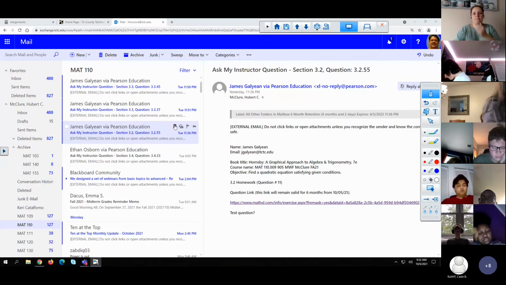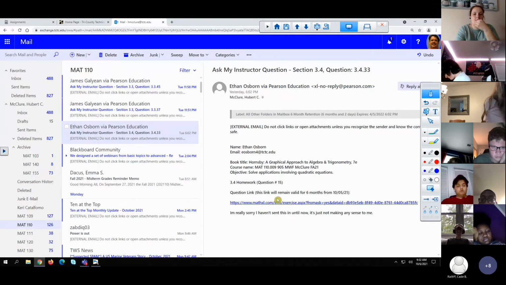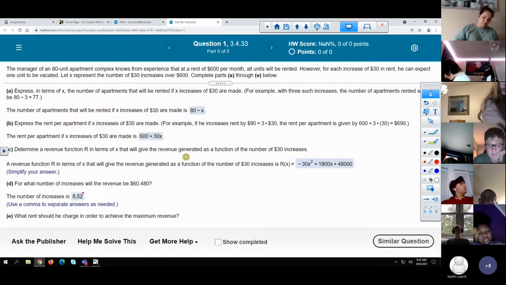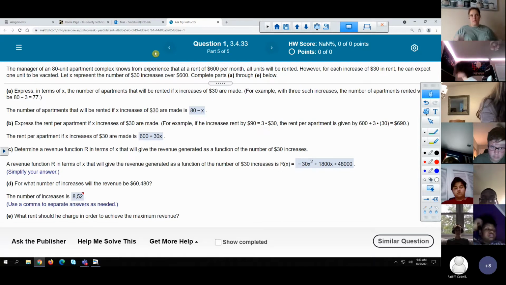Takes care of that one. 3.3, 37/15. The manager of an 80-unit apartment complex knows from experience, this is the dumbest question I think I've ever seen in this book. I remember this question from last semester. I would never put this on a test.